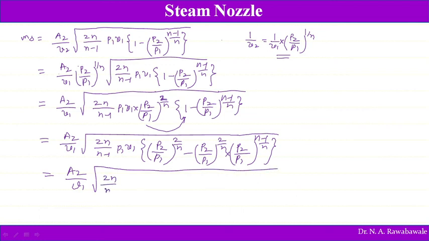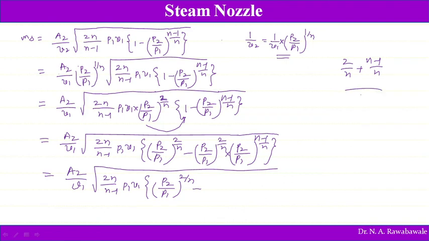So on further simplification, this remaining term remains as it is, a2 divided by v1 square root of 2n divided by n minus 1 p1 v1 in bracket (p2 divided by p1) to the power of 2 divided by n minus. If we see here, bases are same, p2 divided by p1, p2 divided by p1, so indices can be added. Adding indices, 2 divided by n plus n minus 1 divided by n.